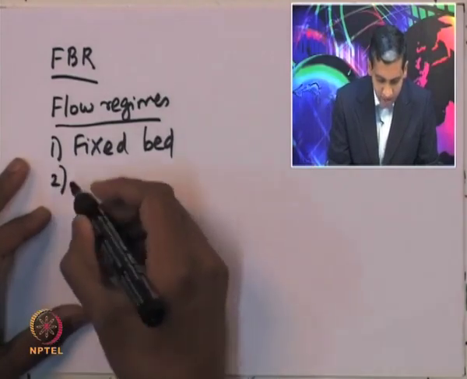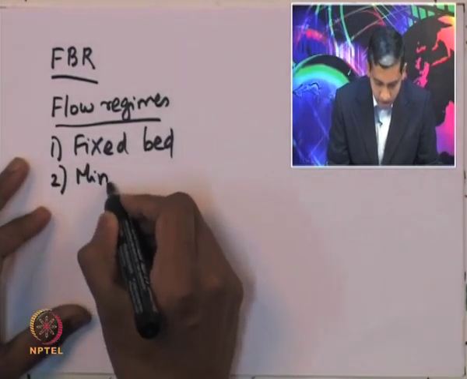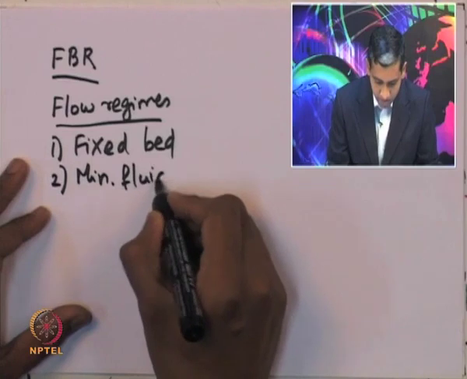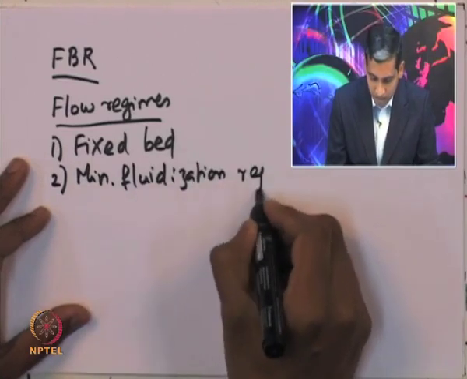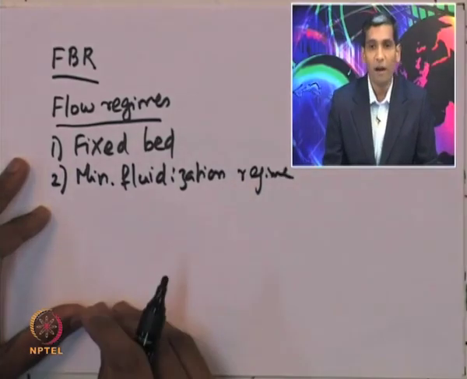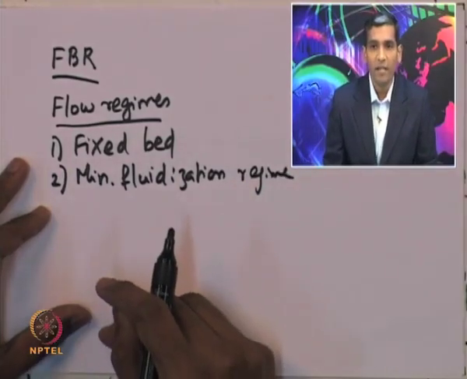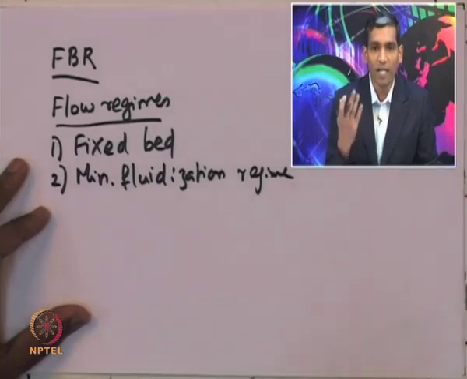Then the second regime is called the minimum fluidization regime. In this regime, the velocity of the fluid is just sufficient to offset the gravitational force.